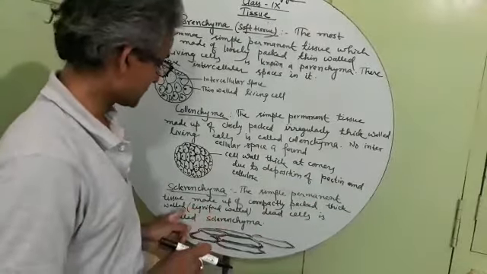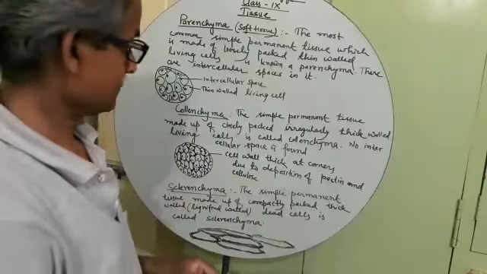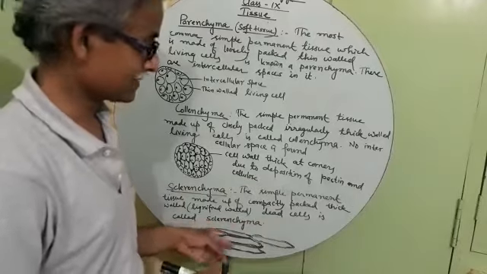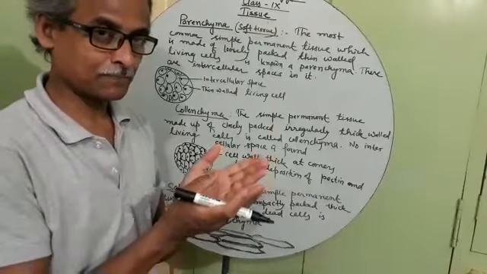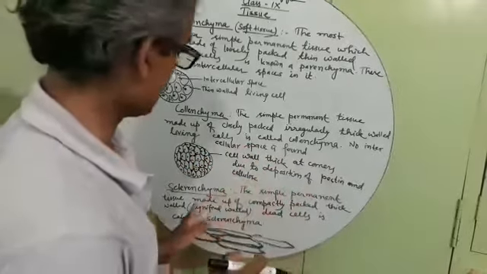So the cell wall is called lignified wall. And as the cells are closely packed, there is no intercellular space here.